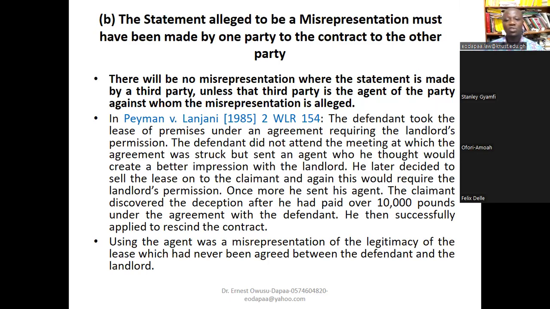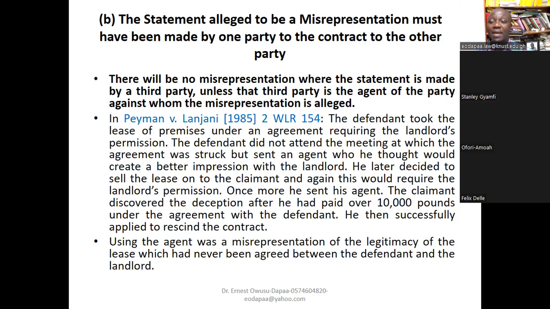Again, there will be no misrepresentation where the statement is made by a third party, unless that third party is an agent of the party against whom the misrepresentation is alleged. And of course, this one is obvious from our discussion of even offer and acceptance.